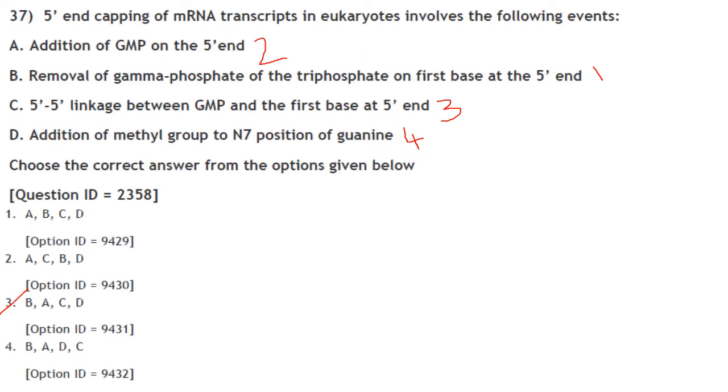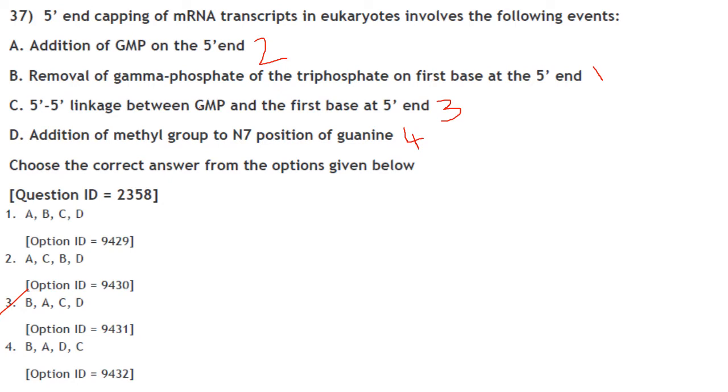Then next one. 5' end capping of mRNA transcripts in eukaryotes involves the following statements. Choose the correct answer from the options given below. Okay, you have to arrange it in the correct order. So first comes removal of gamma phosphate of the triphosphate on the first base at the 5' end.